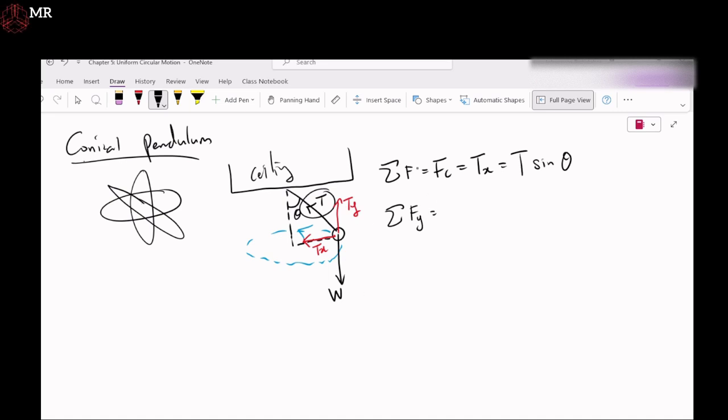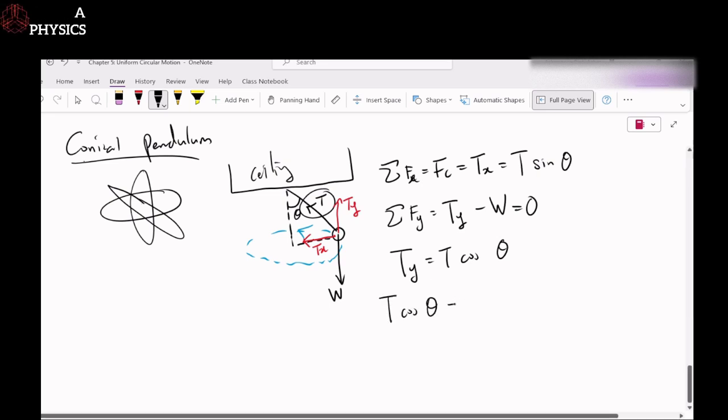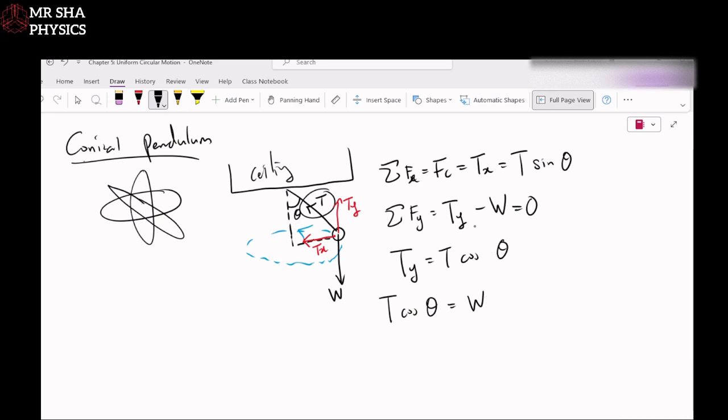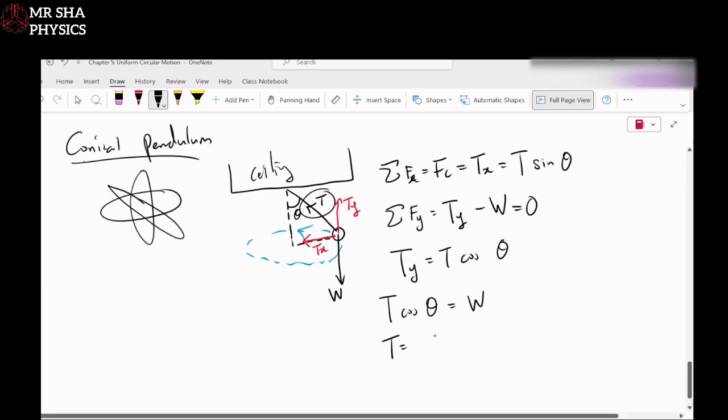In the y direction, Ty minus W equals 0. So my Ty, which is T cos theta, equals W. Here I can rearrange this to have T equals W over cos theta.